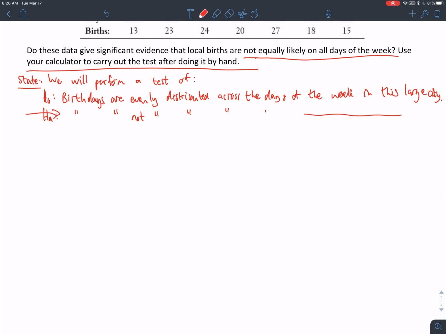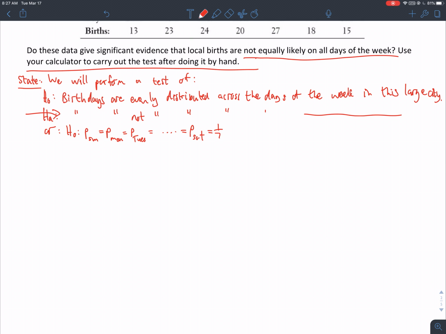The alternative way to do this, or you can do this: the null hypothesis is P sub Sunday equals P sub Monday equals P sub Tuesday equals, and so on, equals P sub Saturday, and that's all equal to 1/7. So each proportion of births for each day is 1/7.